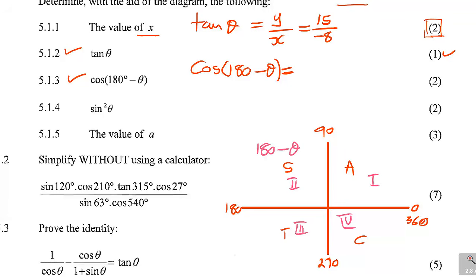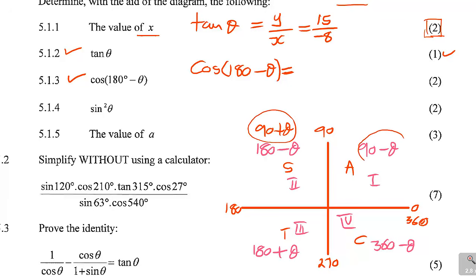In the third quadrant we have 180 plus theta, and in the fourth we've got 360 minus theta. In the first quadrant, we have got 90 minus theta as the other one, and in the second quadrant we have got 90 plus theta. I'll put these and circle them like that.